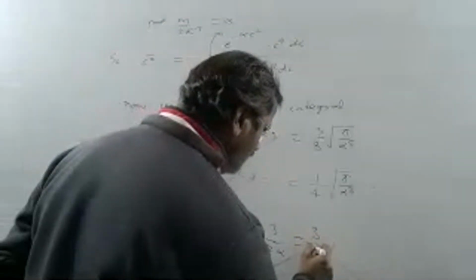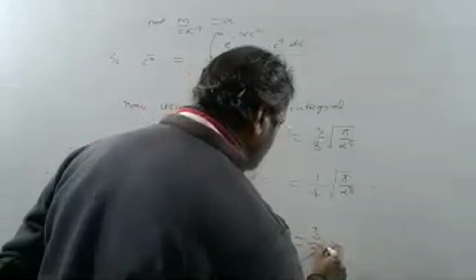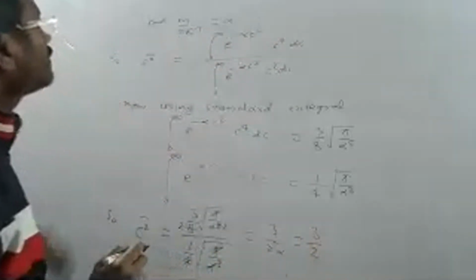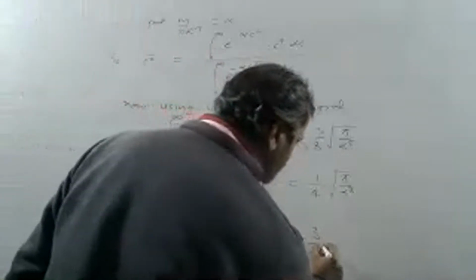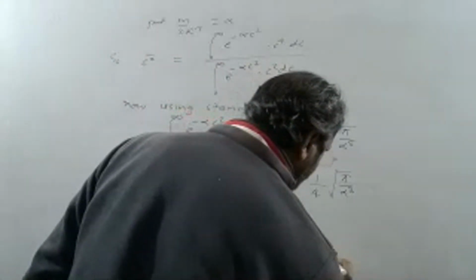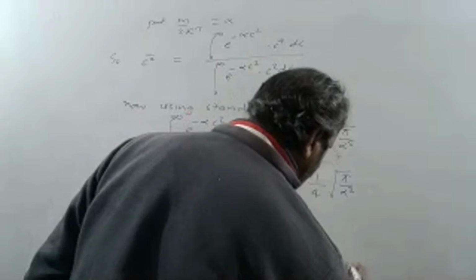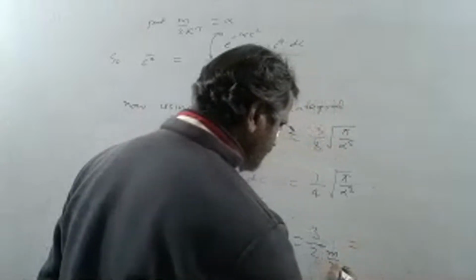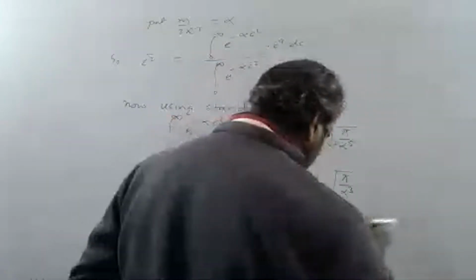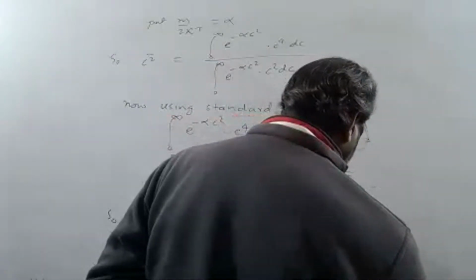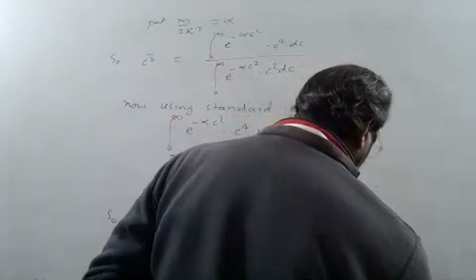Then we put the value of alpha, which is m by 2kT. Then we can write 3 by 2 into 2kT divided by m, then this 2 cancels out. Then we can write 3kT by m.